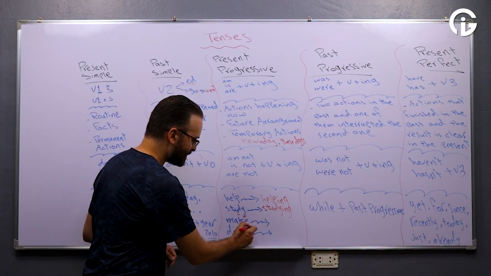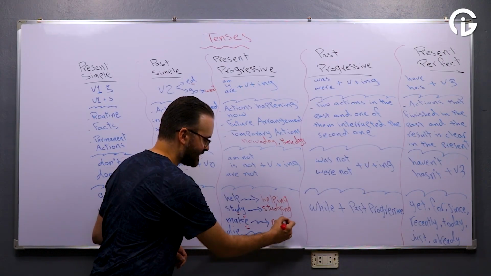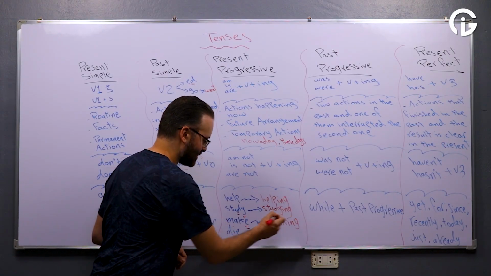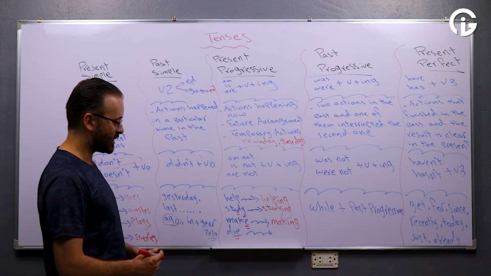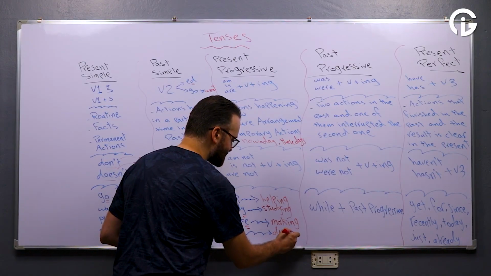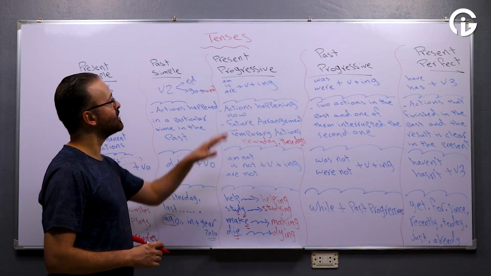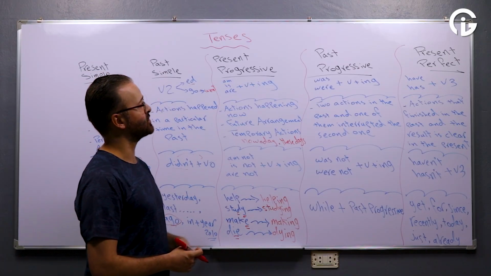If we have e, we omit it most of the time, not all the time, we omit e and we put -ing. But if the verb ends with ie, we omit ie and we put y plus -ing. This is all about present progressive or present continuous.